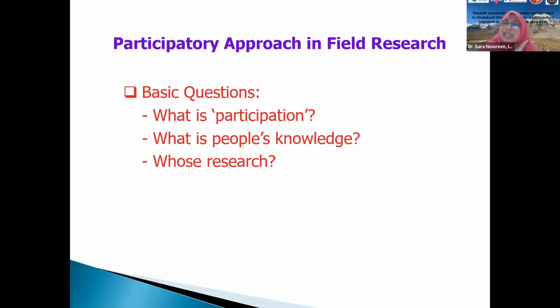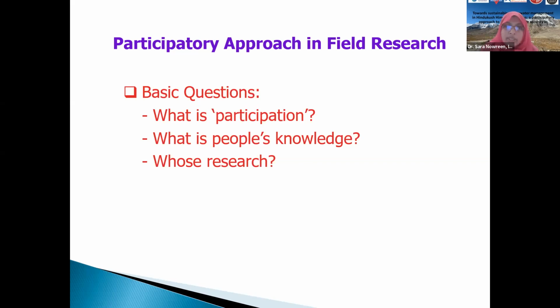There are huge sessions on how you actually mingle with the stakeholders and how you can ensure true participation. I don't want to go into that arena, but remember that true participation is the fundamental for any kind of participatory tools.